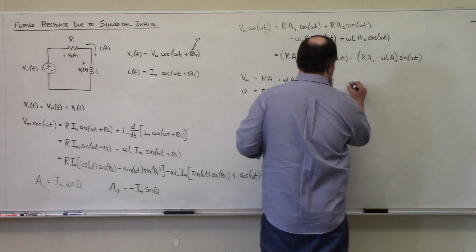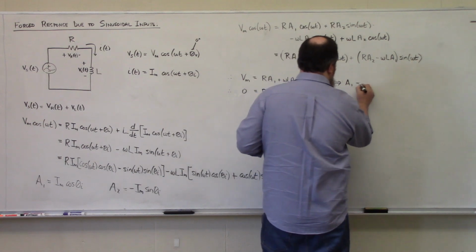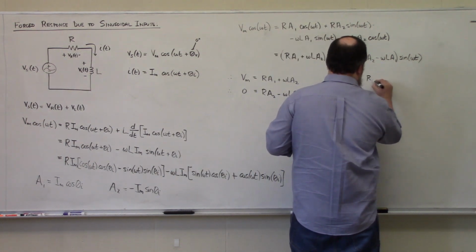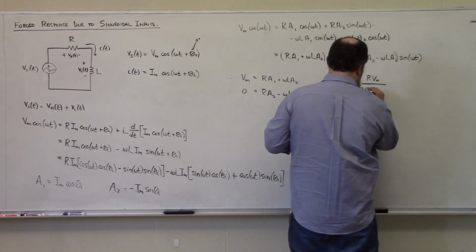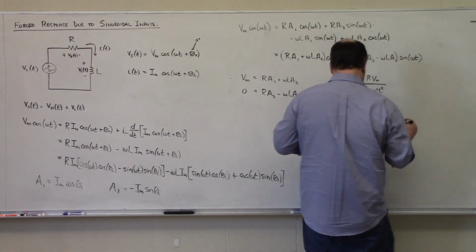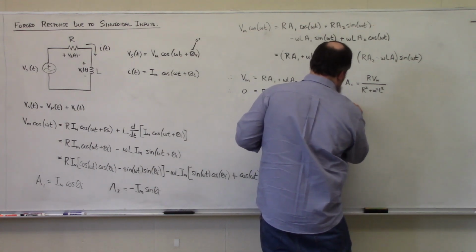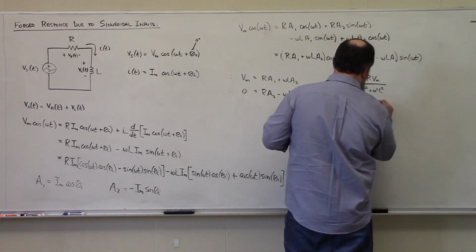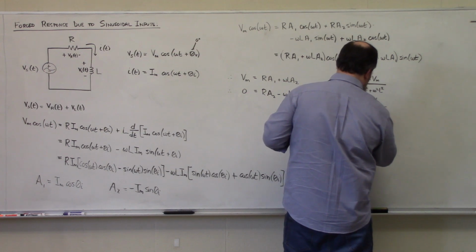We find that A1 is R times Vm divided by R squared plus omega squared L squared, and A2 is omega L Vm divided by that same denominator.